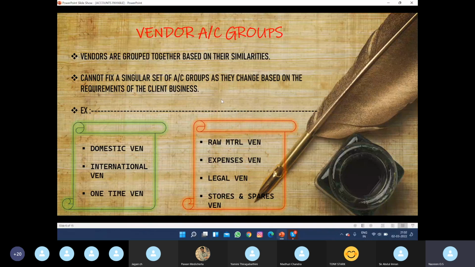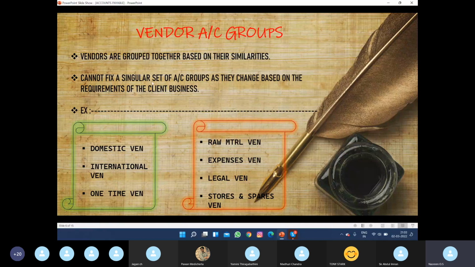If the client needs to keep the vendors based on the type of procurement, let's say he wants to name them raw material vendors, vendors for expenses, or legal vendors, then we can name them as per the requirement of the client.